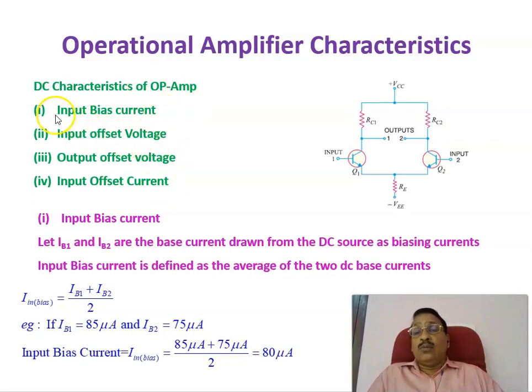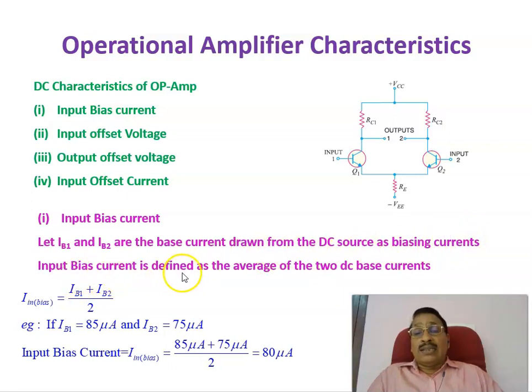Let us see what we mean by first, input bias current. As I told you, there are two transistors at the input side, Q1 and Q2. Let IB1 and IB2 be the bias currents drawn from the DC source as biasing currents.